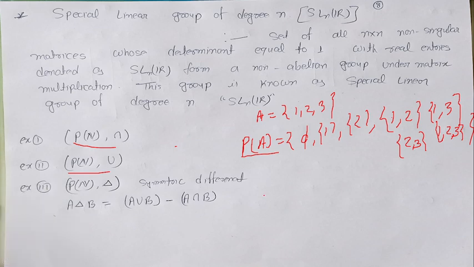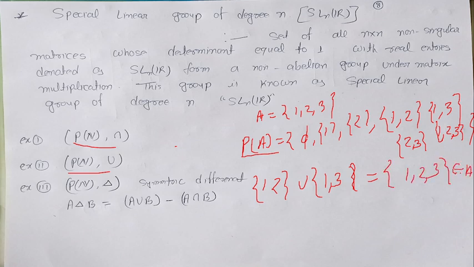By the help of the union operation, you can see that {1,2} union {1,3} gives {1,2,3}, which also comes from P(A), so there is no problem. Closure property is satisfied, and associative is also satisfied.